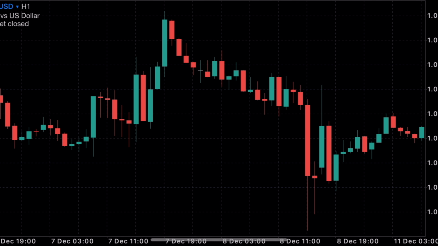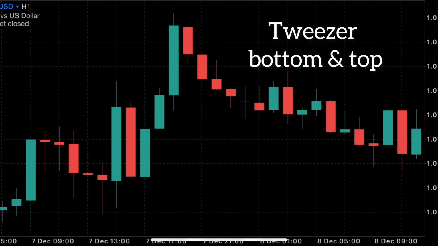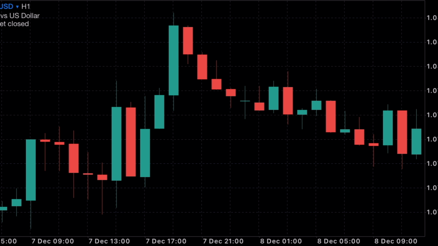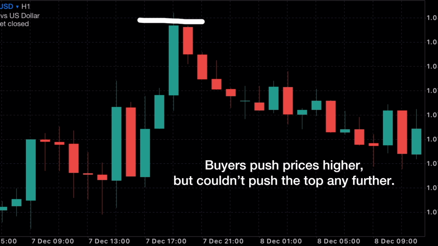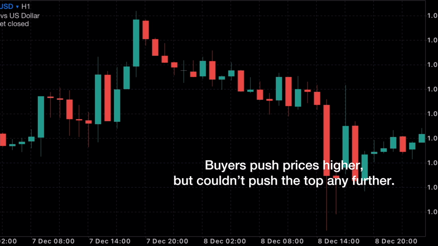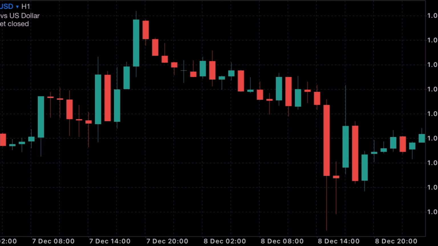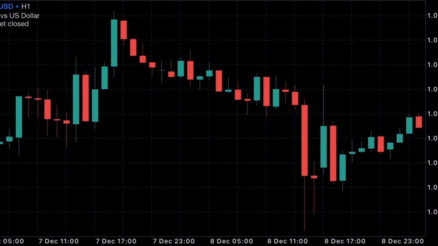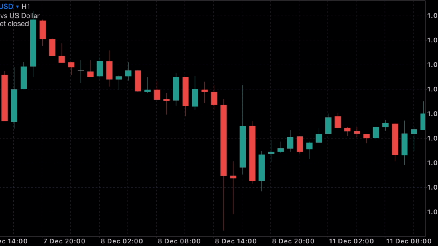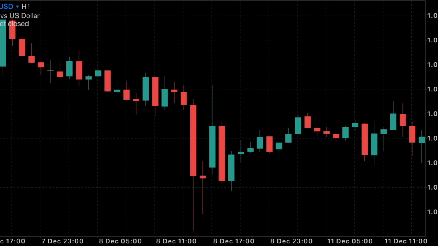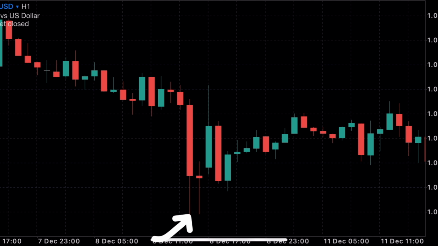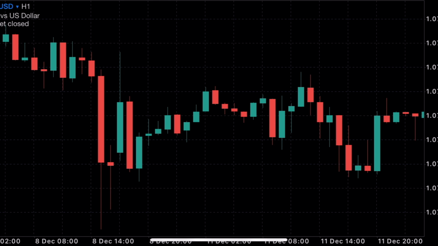I showed you an example of tweezer bottom, now this is tweezer top. It's not exactly the same, but you can see that the opening prices are almost the same. Then the market begins to reverse downward in a downtrend, up until this point right here.